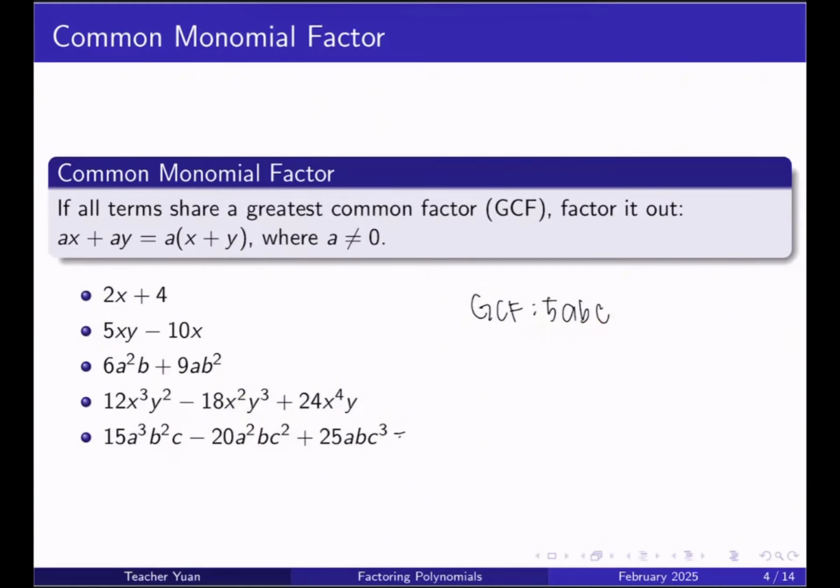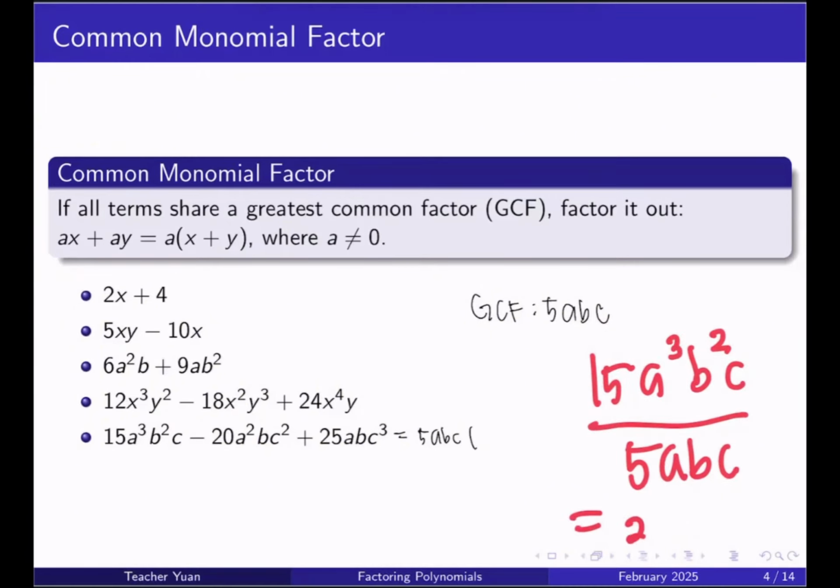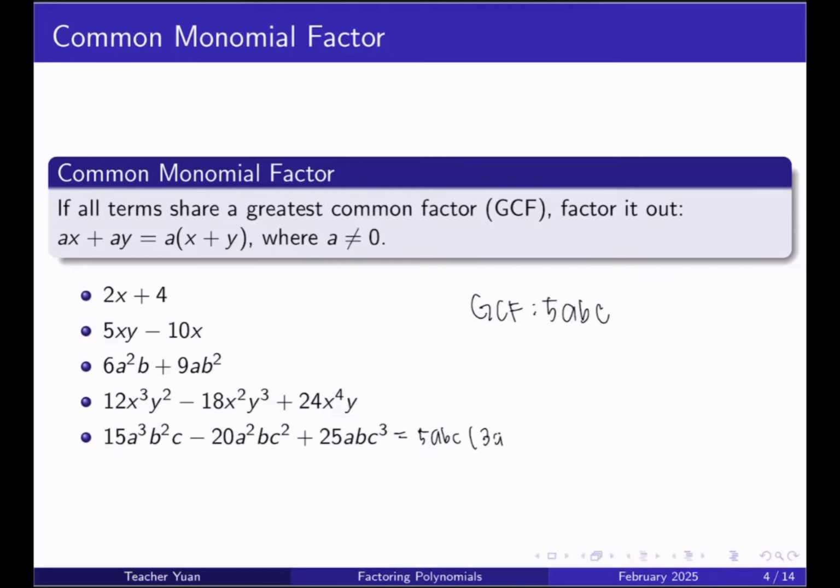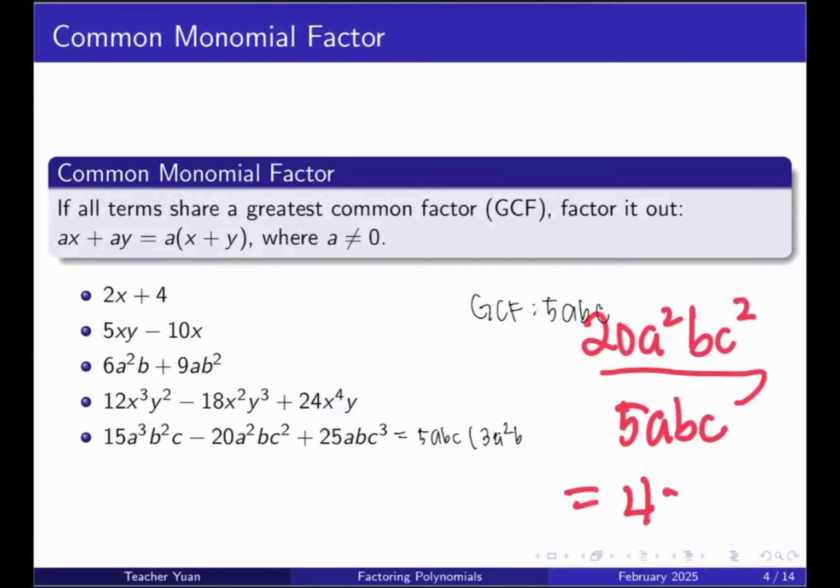So now we can answer and factor. We write the GCF times, and we divide each term by the GCF. 15a cubed b squared c divided by 5abc is equal to 3a squared b. For the second term, we have 20a squared b c squared divided by 5abc, and this is equal to 4ac.